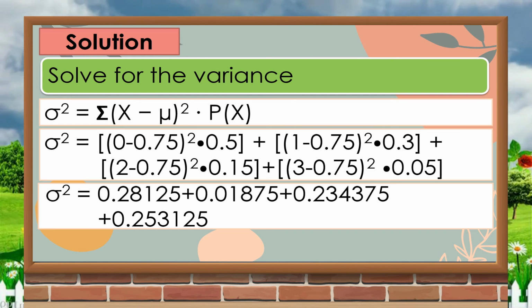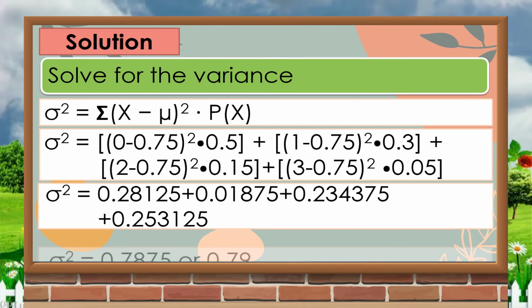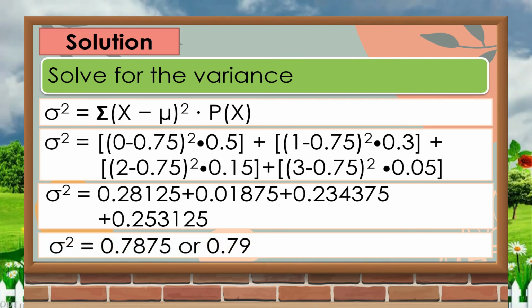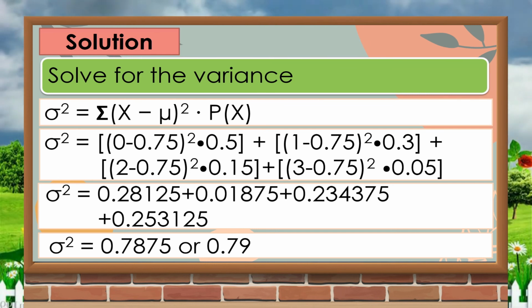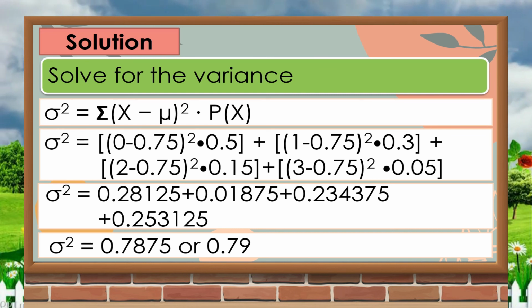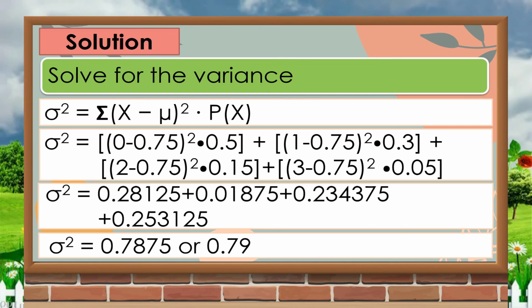Simplify it further, we have sigma squared or variance is equal to 0.7875 or 0.79. So the variance is 0.79. Since the variance is low, this means that the number of COVID-19 patients admitted per day in a COVID facility is close to the mean, which is 0.75.